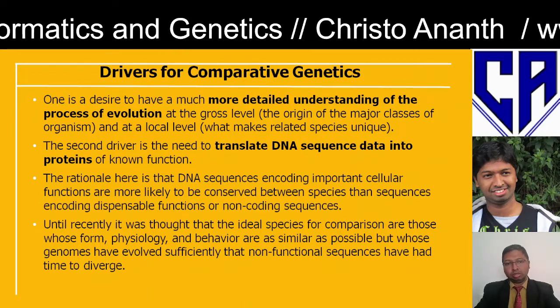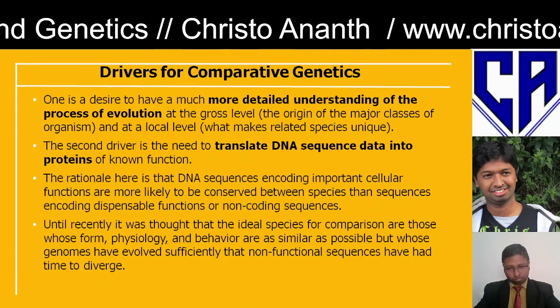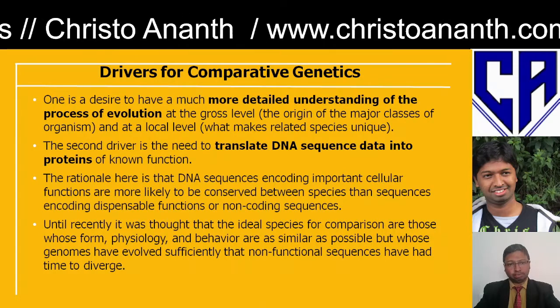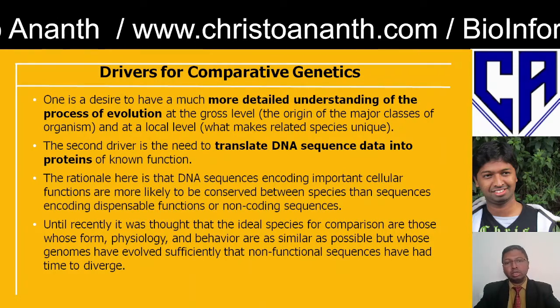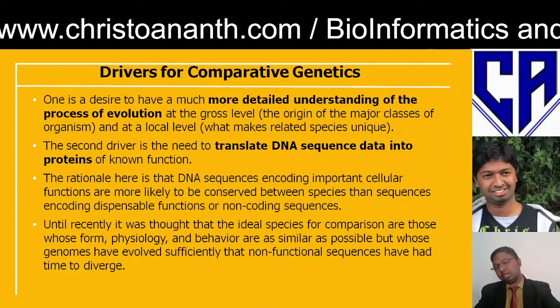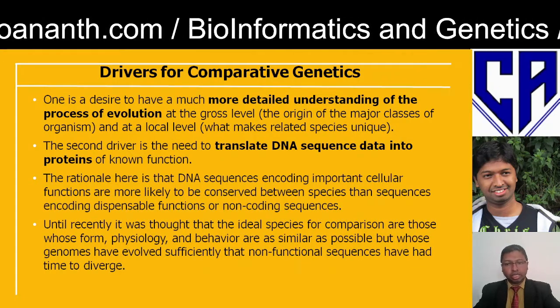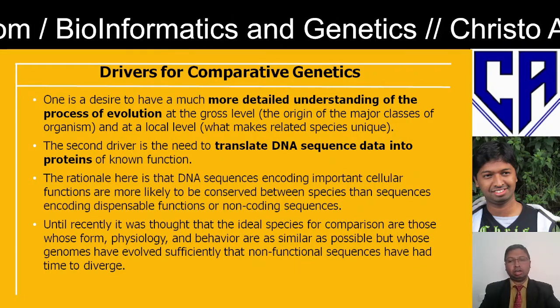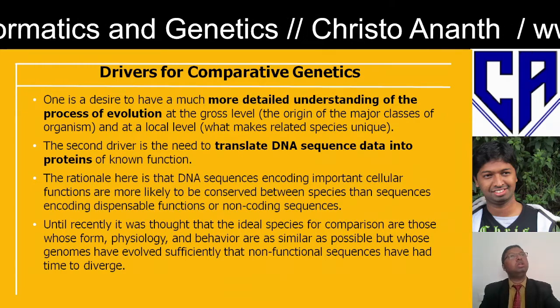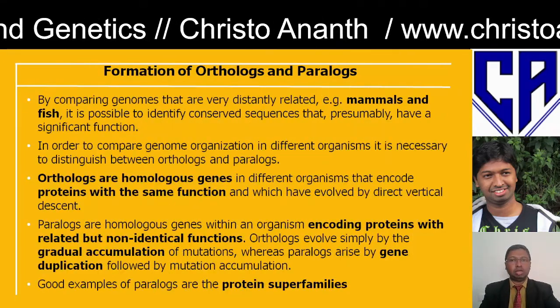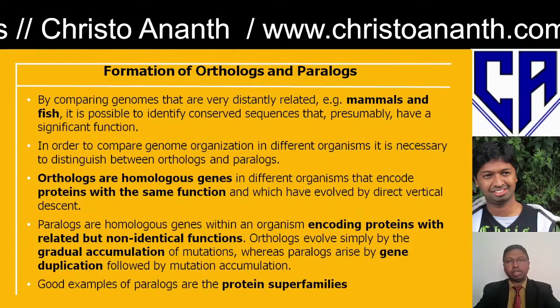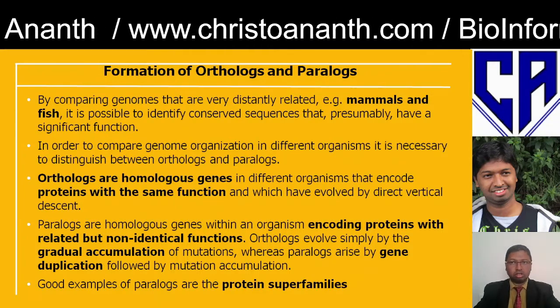You can consider these comparisons in the physiology or behavior of structures, and even for non-conventional or non-functional sequences you apply comparative genomics. This is where we form orthologs or paralogs.